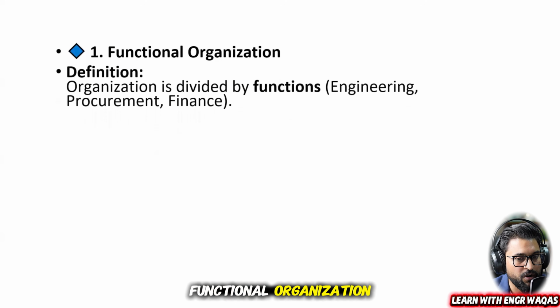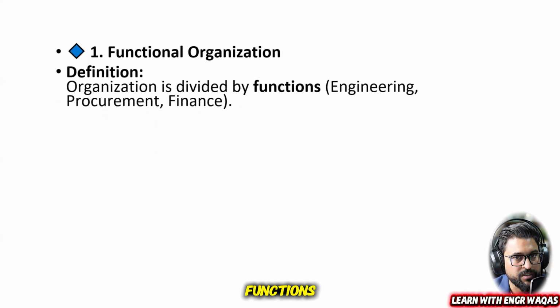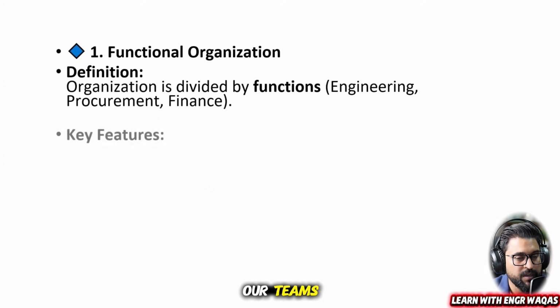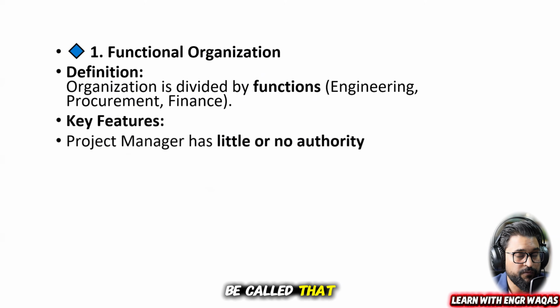When I say functional organization, it is divided by functions, like engineers or designers maintaining their design department, procurement specialists leading their procurement department, and construction people leading their construction department, because they are expert people, functioning with their core skills, right? So these are the functional people, and when we take them into our organization and structure our teams, it would be called a functional organization.